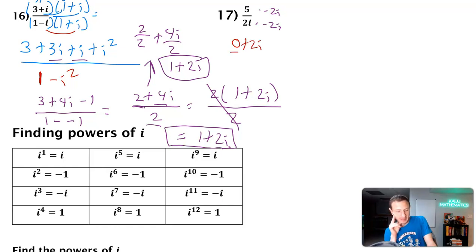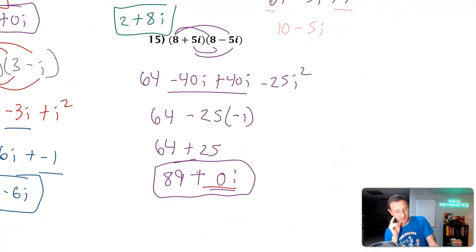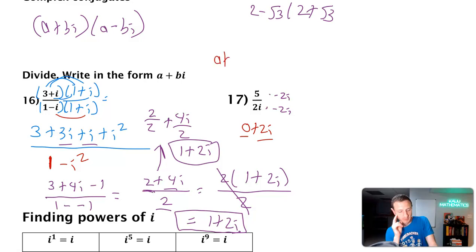If we think about that a plus bi, remember how we were talking about that a second ago on the technicality here of like you would want to write this answer as 89 plus 0i. This is kind of why that's important. If I have the a plus bi, this is technically 0 plus 2i. So the conjugate would be 0 minus 2i, but we don't need to write that 0 down, so we just write negative 2i.